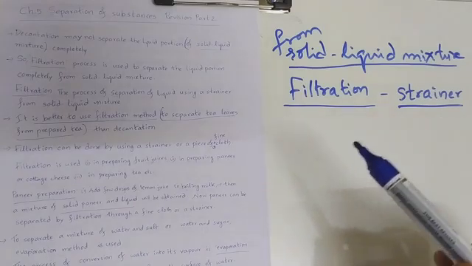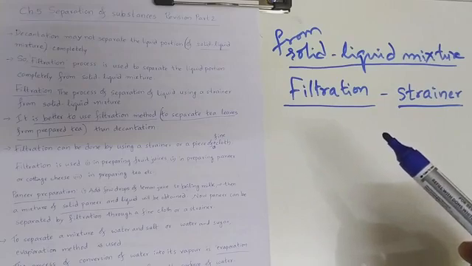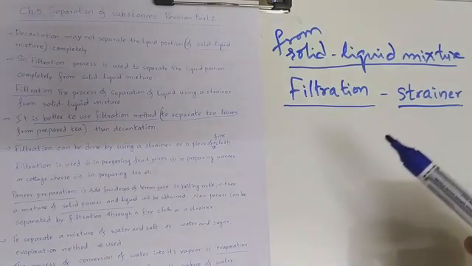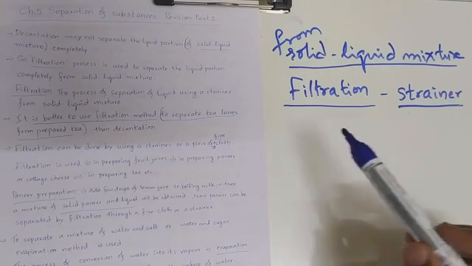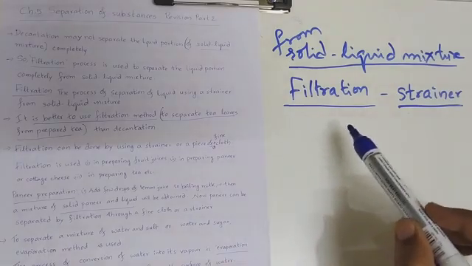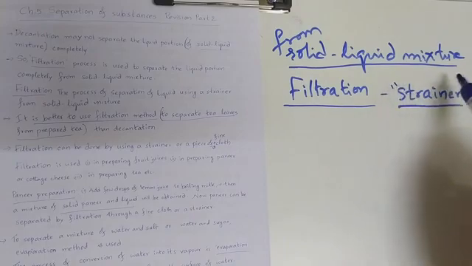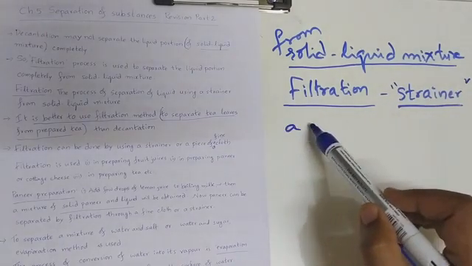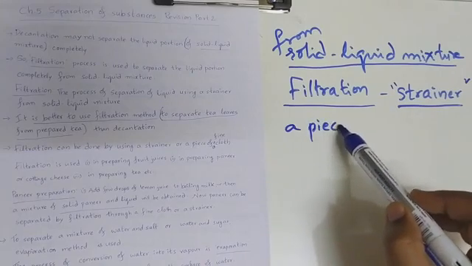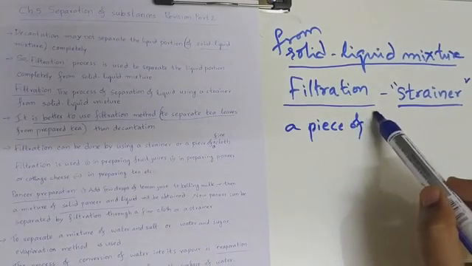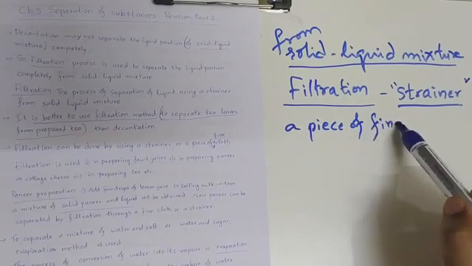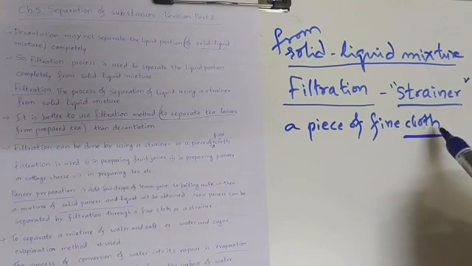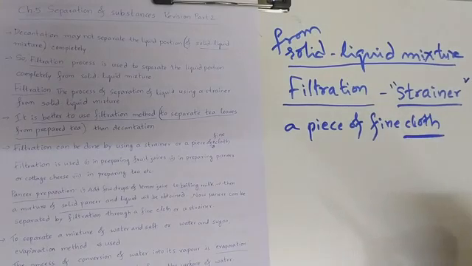Not only that, we are going to use this filtration method in some other preparations also. Filtration can be done by using, as I already said, a strainer or a piece of fine cloth, because a fine cloth will have small sized pores in it.